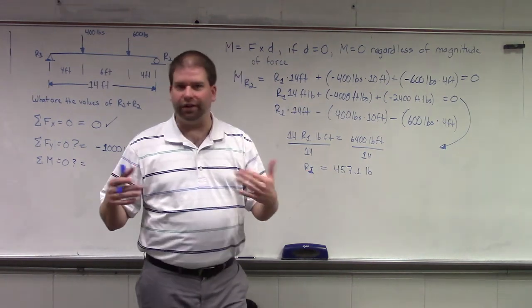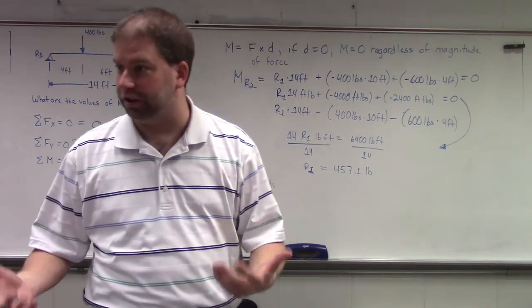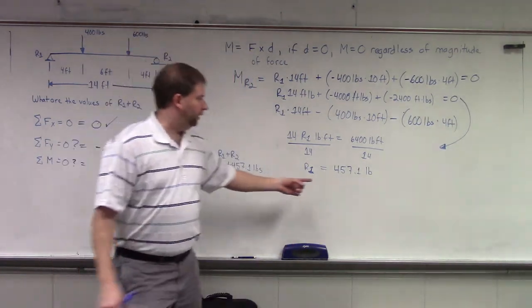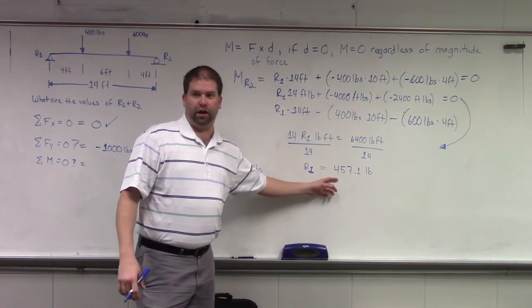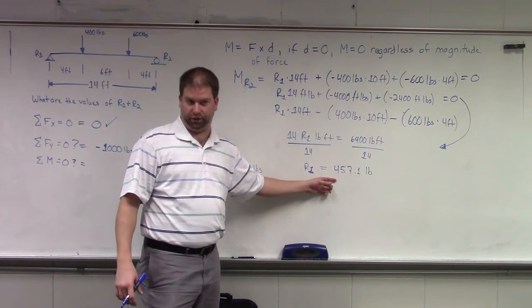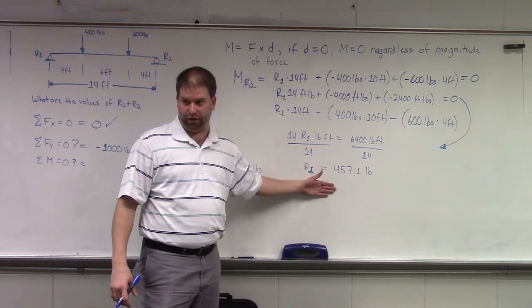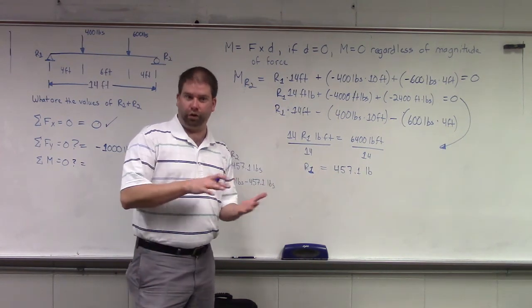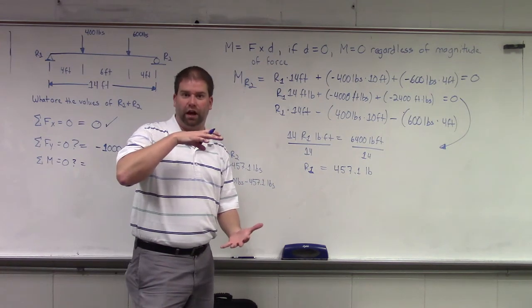What does this mean for us in industry? What does it mean when we're actually constructing these things? I don't care if reaction 1 has 500 pounds resistance, 1,000 pounds, or 2,000 pounds resistance. What we're doing then is just making a more stout element.